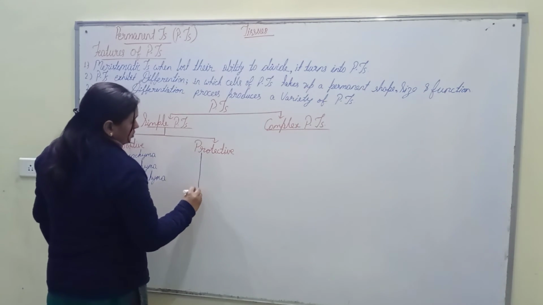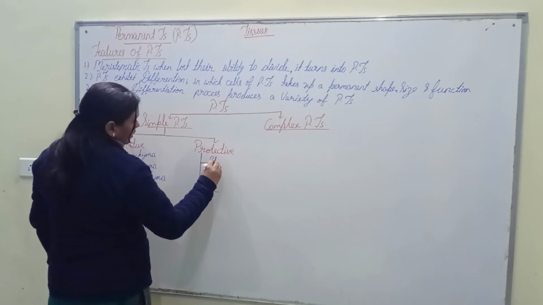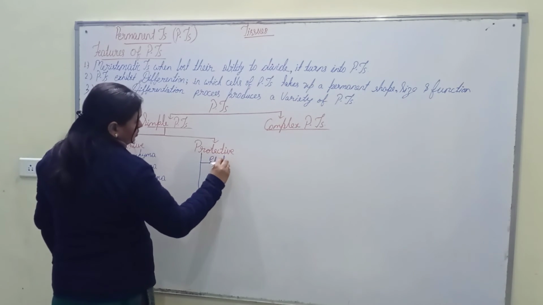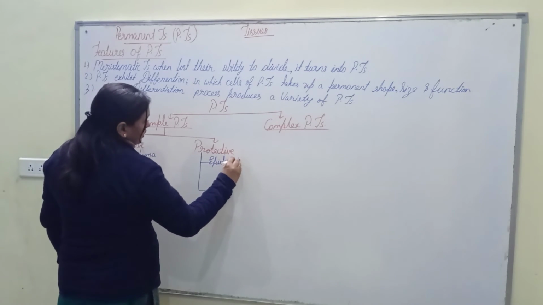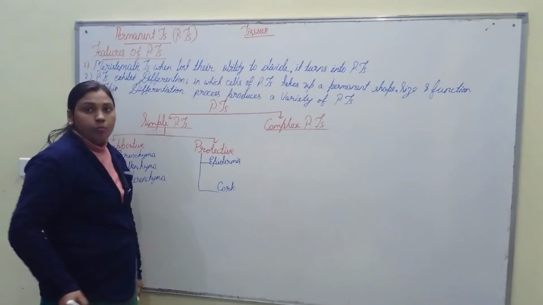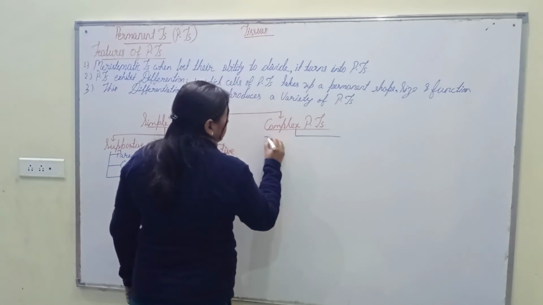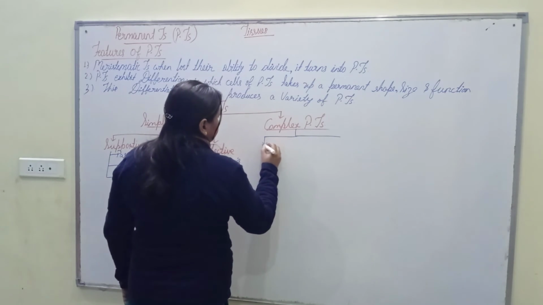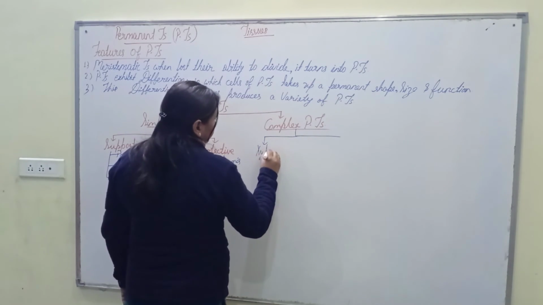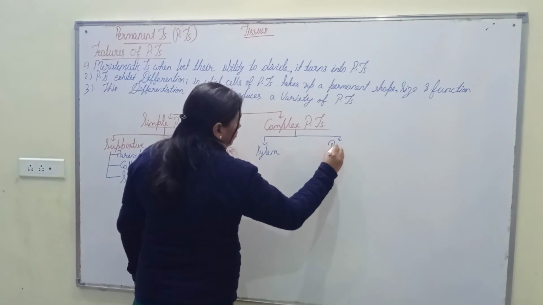Protective permanent tissue is also of two types, epidermis and cork. And complex permanent tissue is of two types. First is xylem and the second one is phloem.